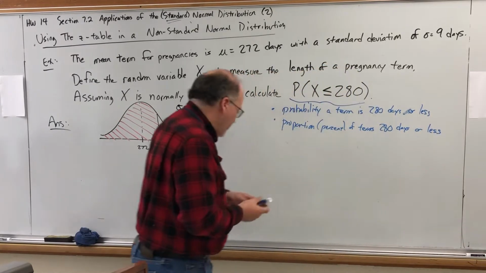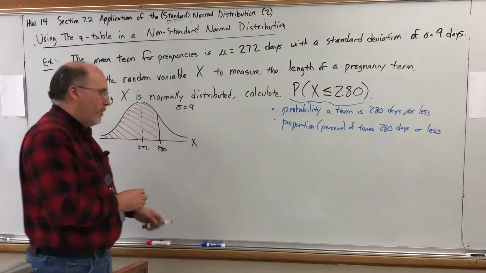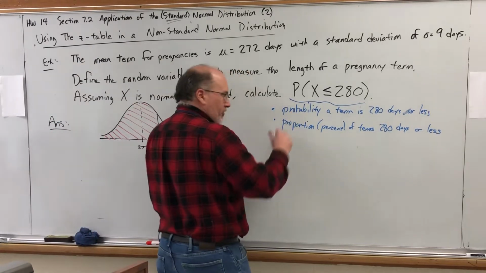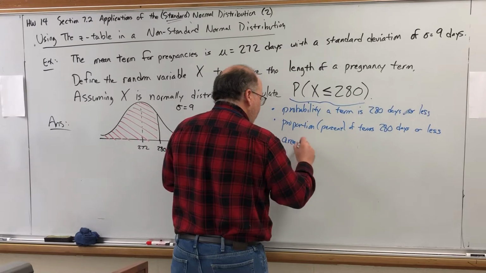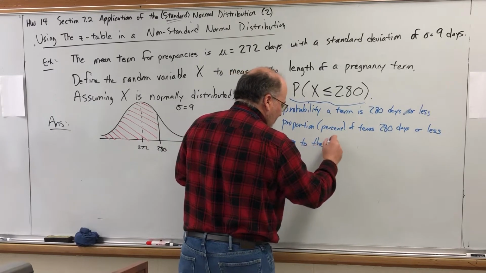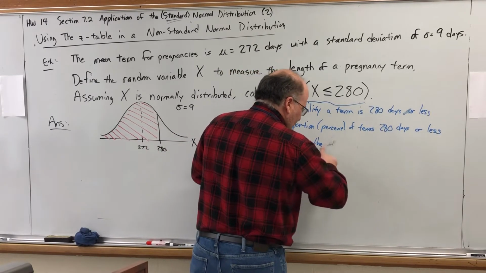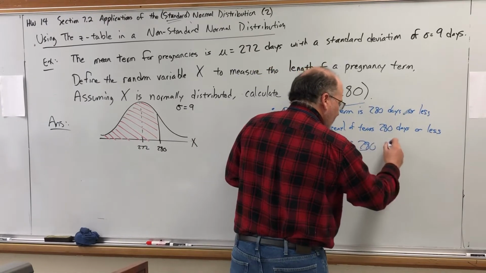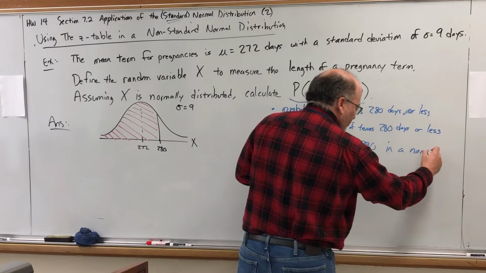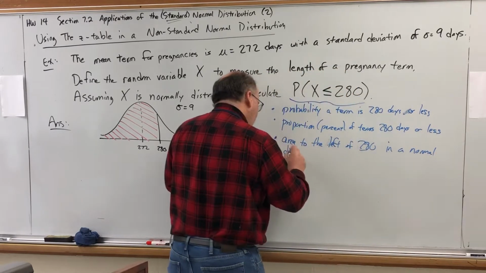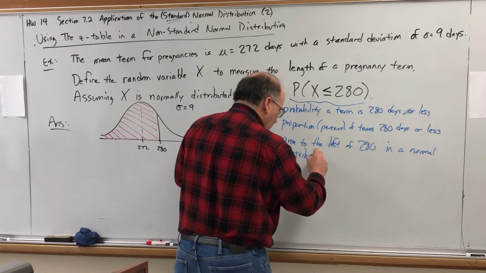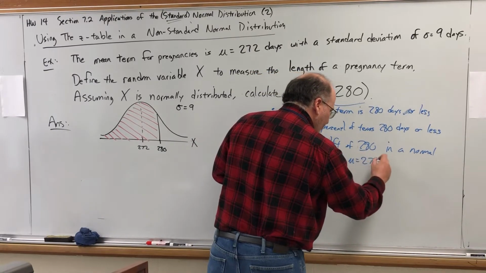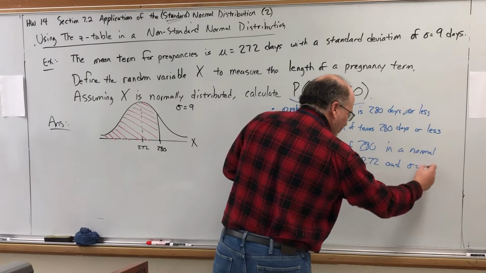So anytime you're working a problem that involves probability or proportion, you can think of it as an area, because both of these are equal to the area to the left of 280 in a normal distribution with mu equals 272 and sigma equals 9.